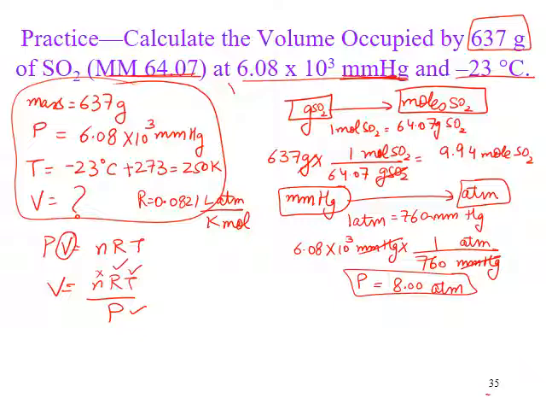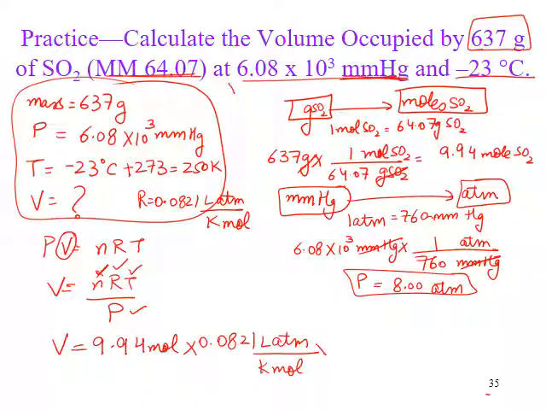Now I also have the number of moles, so I can simply plug everything in, which will come out to be V equals N, which is 9.94 moles, R is 0.0821 liter atm over Kelvin mole, temperature is 250 Kelvin, and pressure in atm is 8.00 atm.